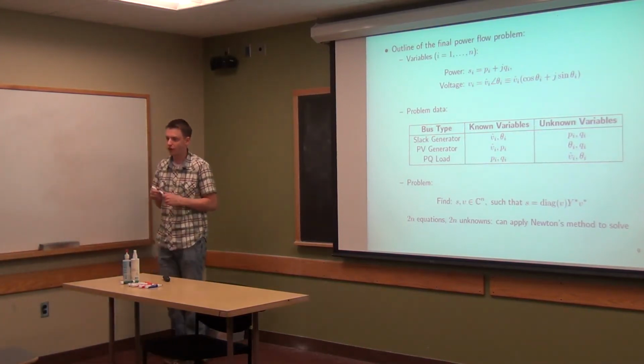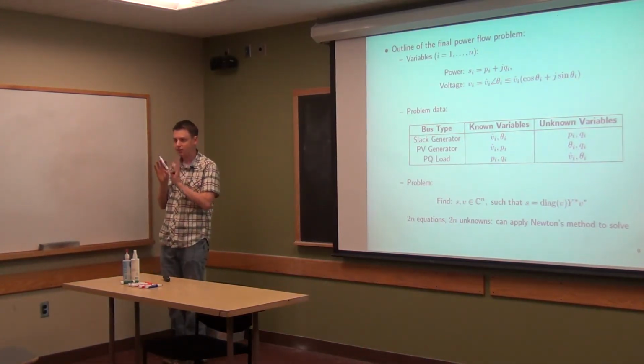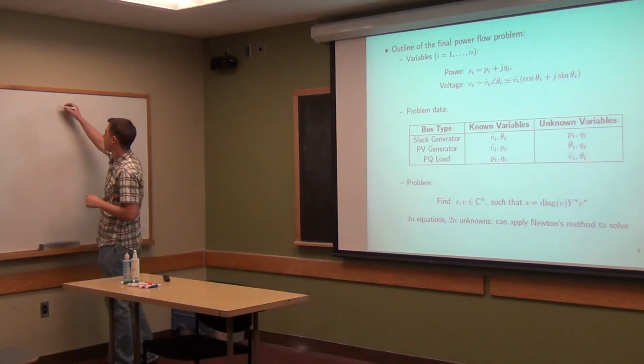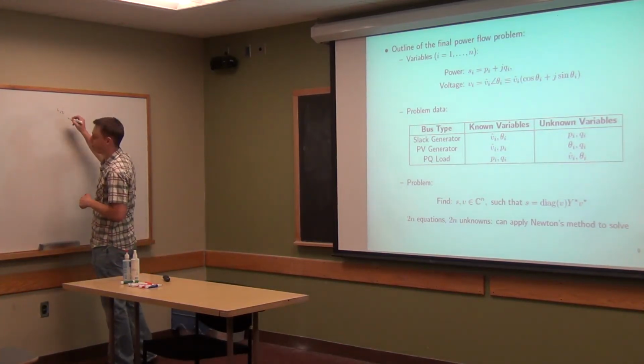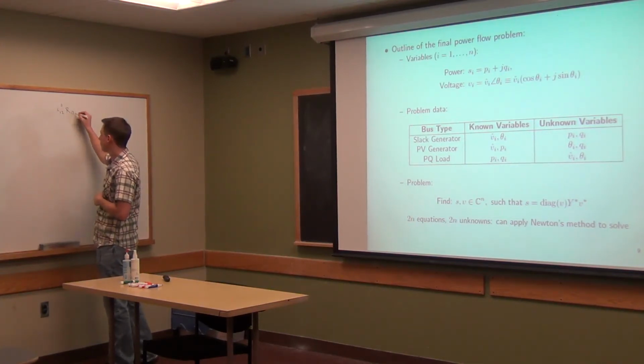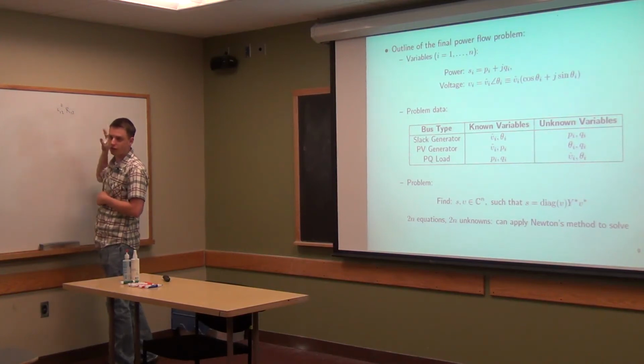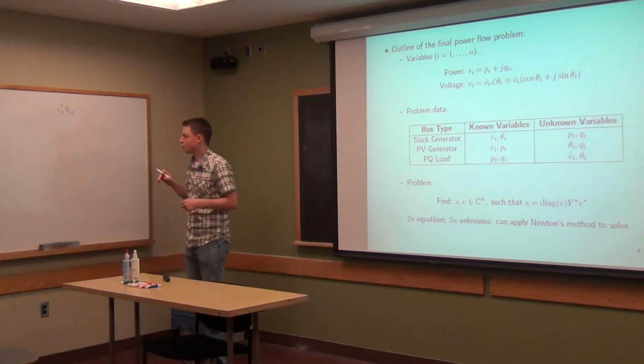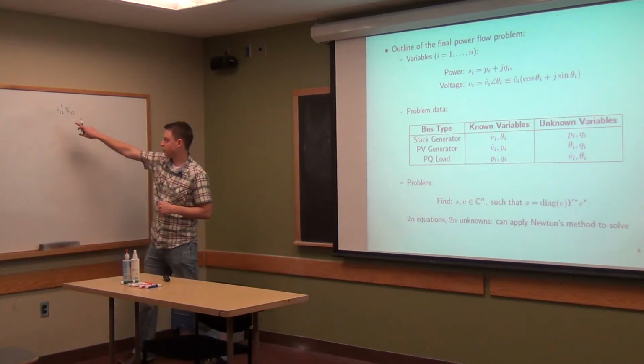So the power that a line uses is going to be equal to the current in that line squared times the resistance of that line. That's the real power that it uses. So the problem is this equation here.